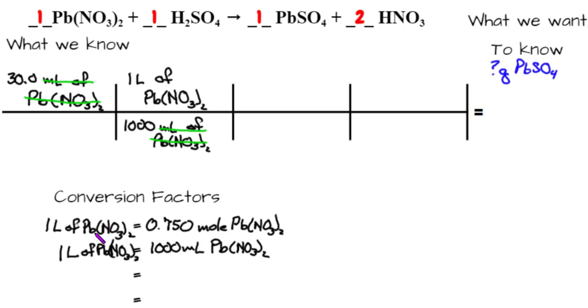Now I can come back and use this conversion factor. 1 liter of Pb(NO3)2 will give me 0.750 moles of Pb(NO3)2.